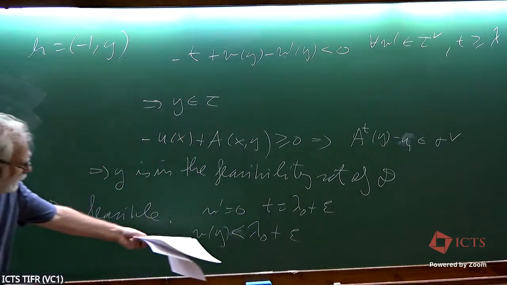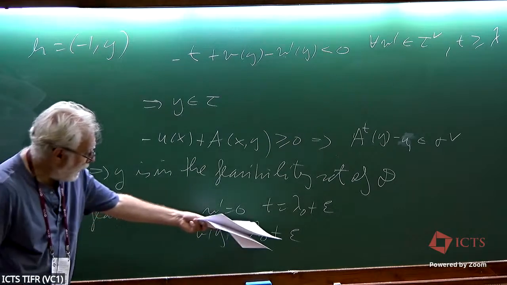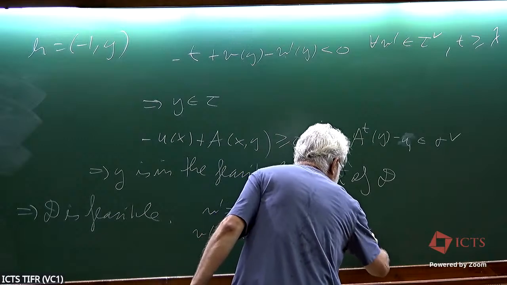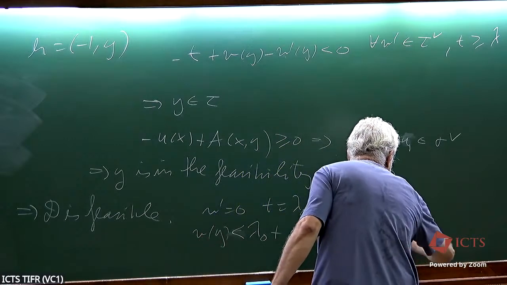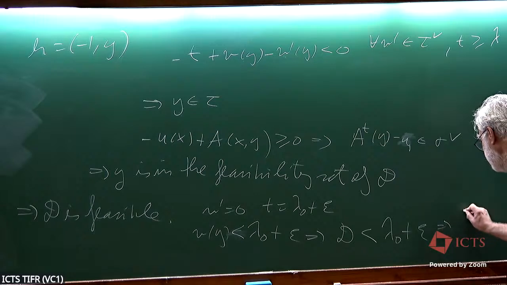But remember, Y is in the feasibility set of D. And I have this bound. This implies that D is smaller than lambda 0 plus epsilon. And since epsilon was arbitrary, this implies that D is smaller or equal than lambda 0.